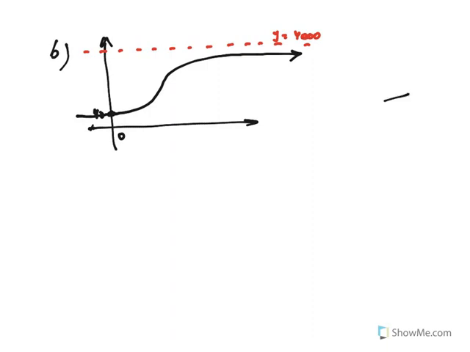Use the model to estimate the population after 15 years. Well, you're allowed to use your calculator, and now you have your equation. So all you have to do is just plug it in, right? You need to solve for P when t equals 15 years. So I'm going to copy my equation again.